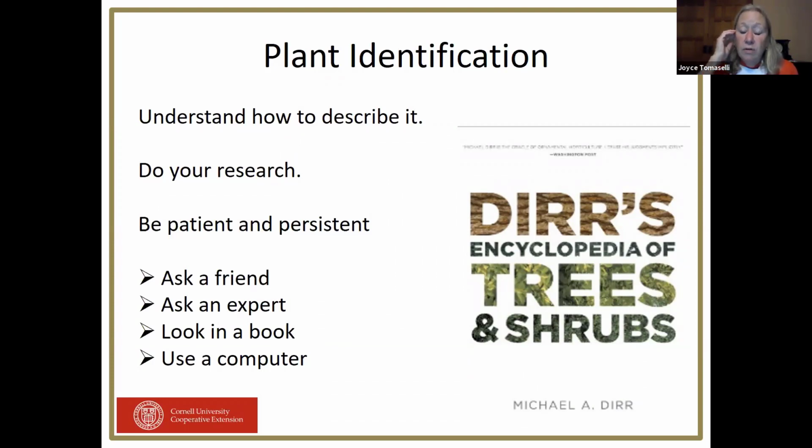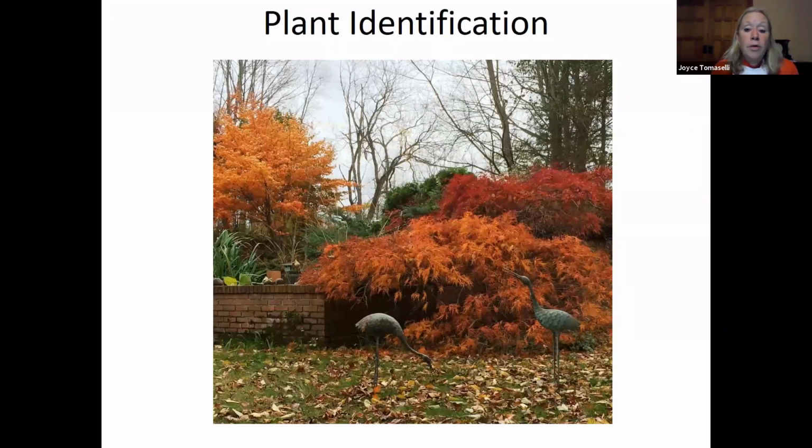Illinois Wildflower is a really good source for wildflower information. Once you get close, you can type in the plant that you think it is, and it not only tells you the characteristics, but in the end, it tells you what similar lookalikes are, and you can go look at them. So there's a lot of different tools that you can use as you start gaining experience for your plant identification. And that is what I prepared tonight.